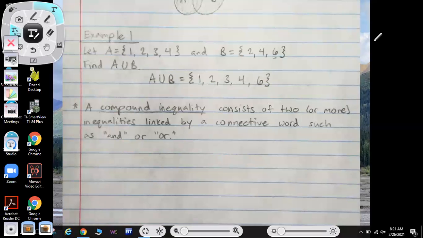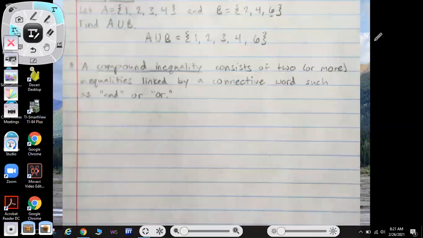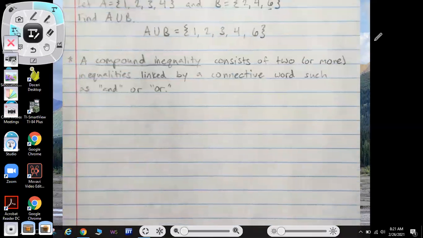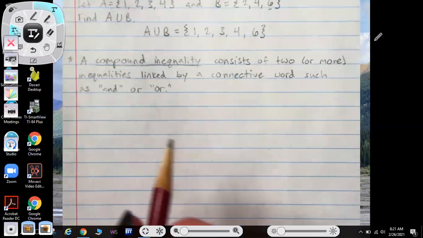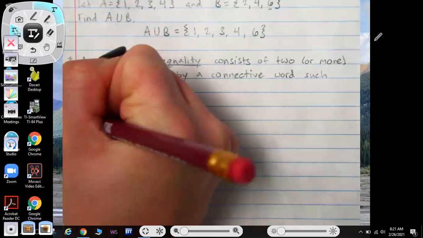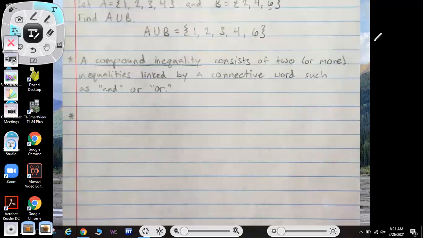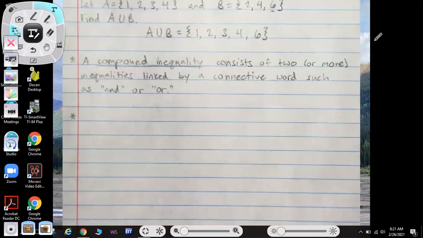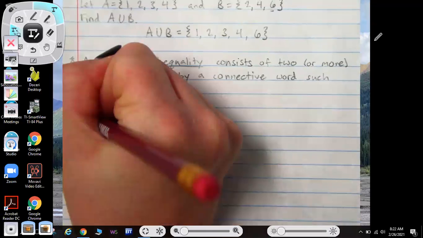A compound inequality consists of 2 or more inequalities linked by a connective word such as and or. So today we're going to look at compound inequalities that use the word or, and we're going to look at the steps for solving that.